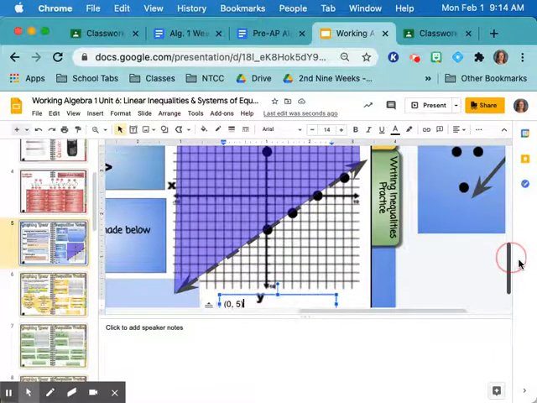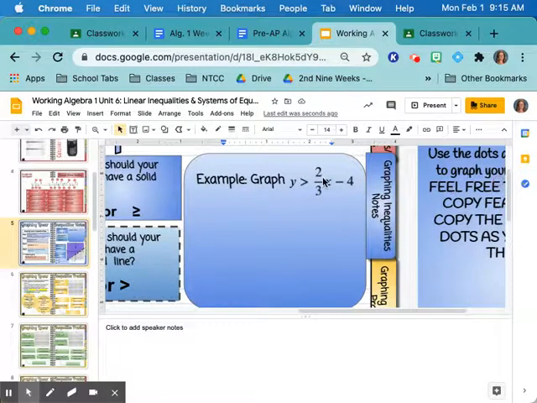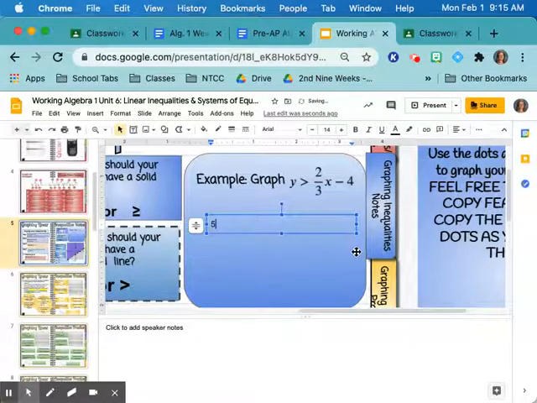And I need to check and make sure that that really is a solution set. So I go up here, and I'm going to plug in 0 for x and see if it still makes sense. So y is 5. 5 is greater than 2/3 times 0 minus 4.